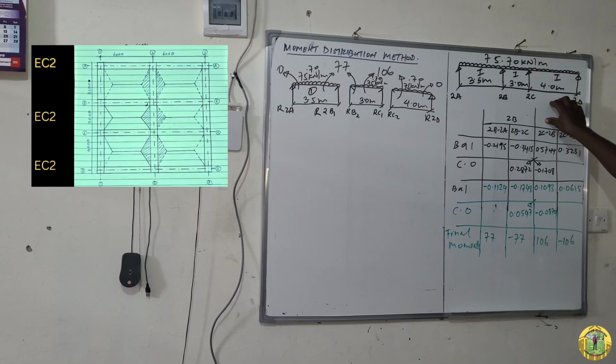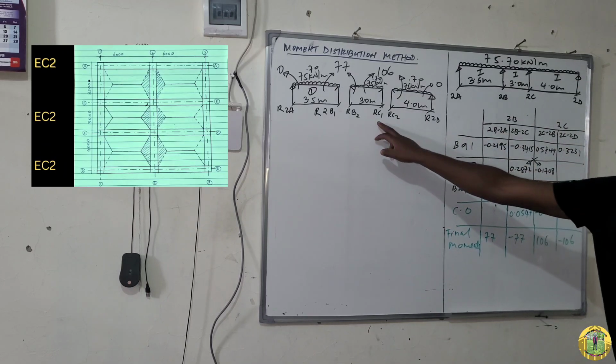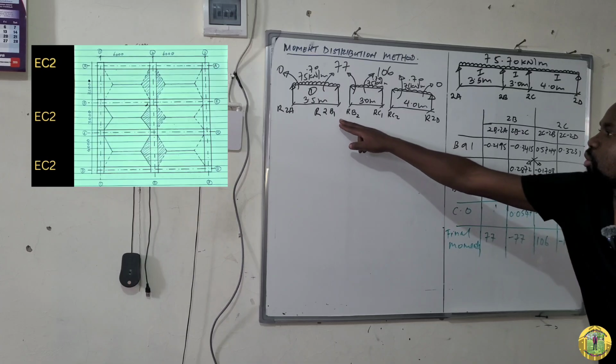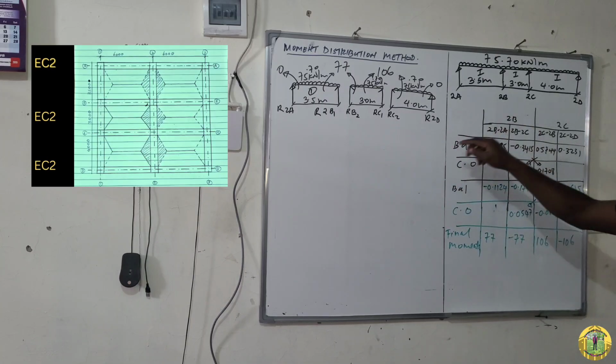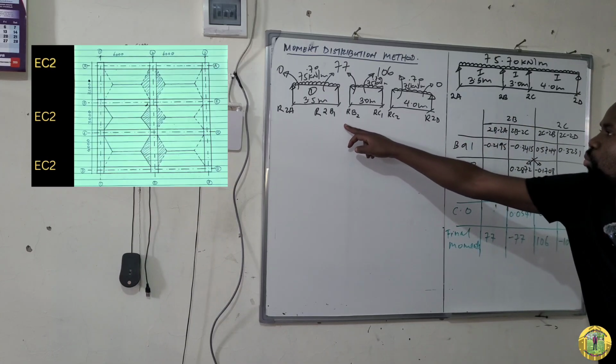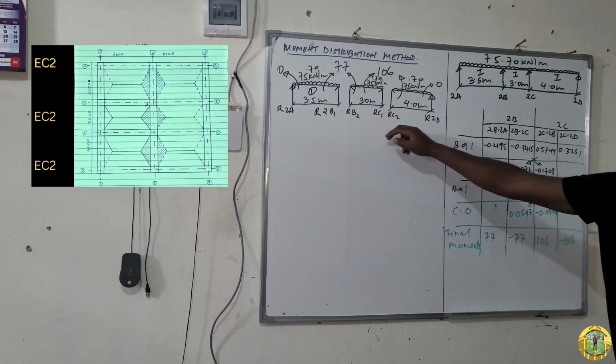We want now to calculate the reactions for this continuous beam. And to calculate the reactions for this continuous beam, where we have common joints like 2B and 2C, we'll break them into two, or split them into two. For example, at 2B, we'll have R2B1 and R2B2.